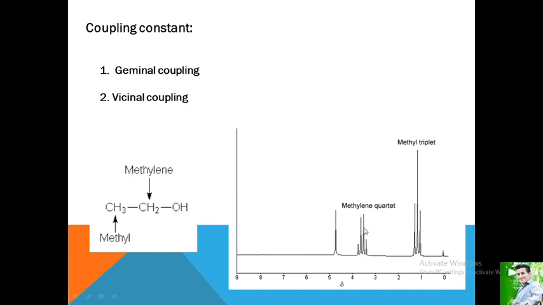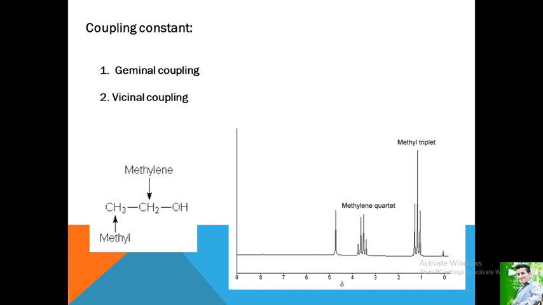This occurs because there is a small coupling interaction between the two groups. The spacing between the peaks of the methyl triplet is equal to the spacing between the peaks of the methylene quartet. This spacing is measured in Hertz and is called the coupling constant, J.